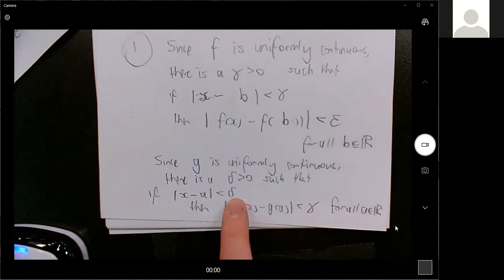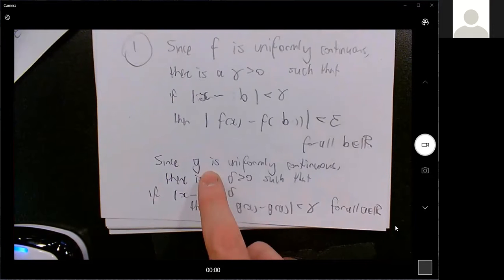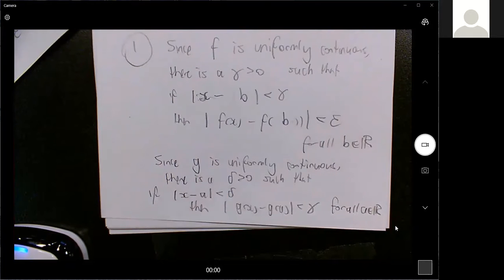And that's the delta I'm going to pick, the one that I borrowed from G. So in this particular story, I don't have to say exactly what delta is, I just have to say there is one, and the one I pick is that one that exists.